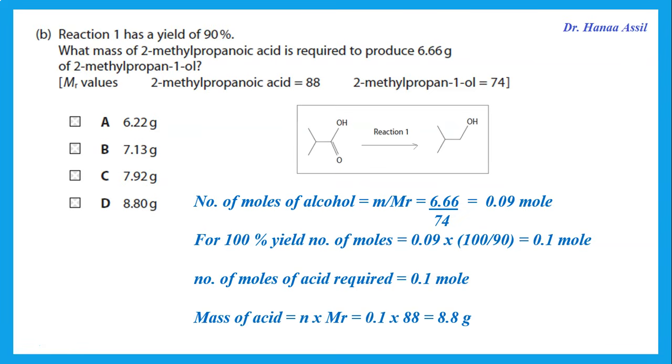Mass is number of moles times molecular mass, and we're already given the molecular mass. So that gives a mass of 8.8 grams. That means if I start with 8.8 grams and the reaction gives only 90% of its yield, it will give 6.66 grams of the alcohol.